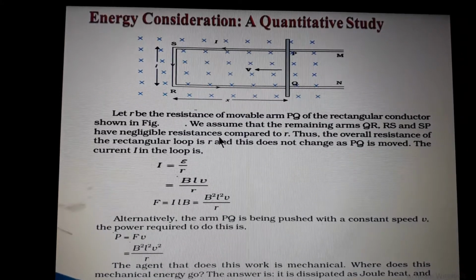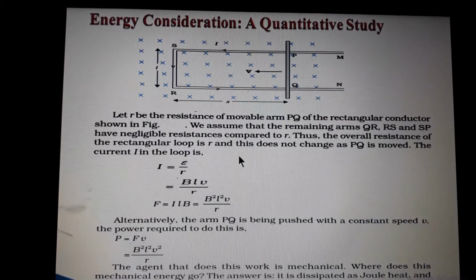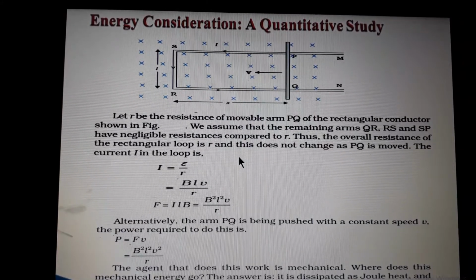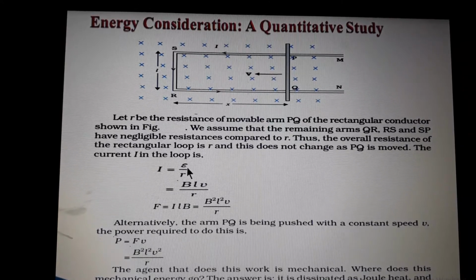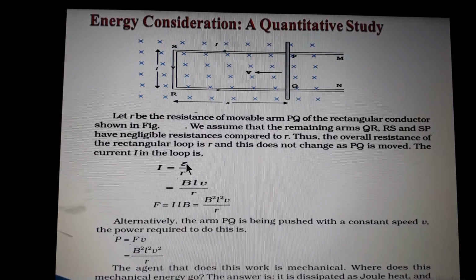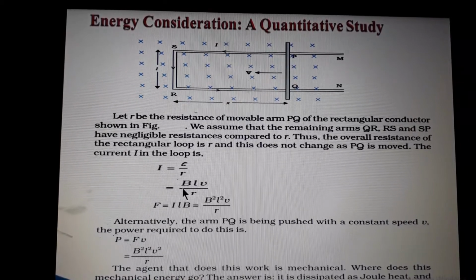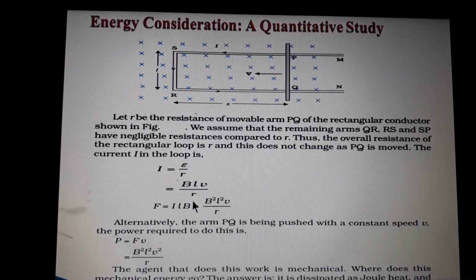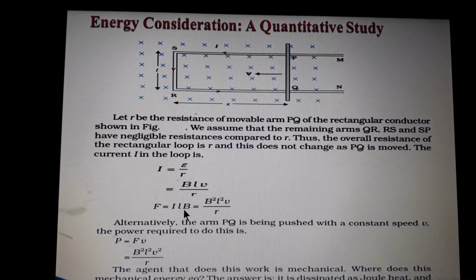Now from Ohm's law you know that resistance R is equal to V by I, so I is equal to V by R. Here V means E, the EMF, so I is equal to E by R. In the previous topic you know that EMF E is equal to BLV, and force is equal to BIL.